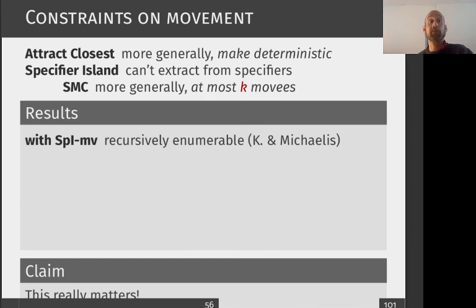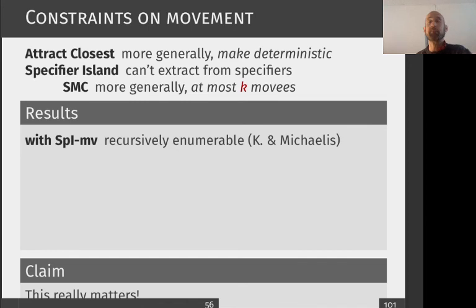Another kind of constraint on movement is what you might call a specifier island constraint, which says you can't move out from inside of a specifier. And another constraint is this one here, right? The SMC. Or more generally, you can only have at most k guys competing for the same position at any time. Okay? But the SMC, as I stated it, is you can only have one guy competing, which means there's no competition at all.